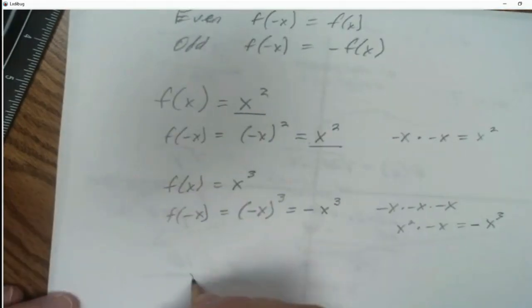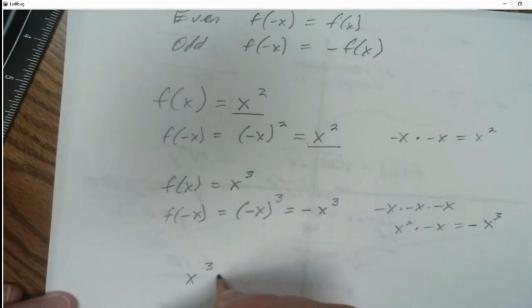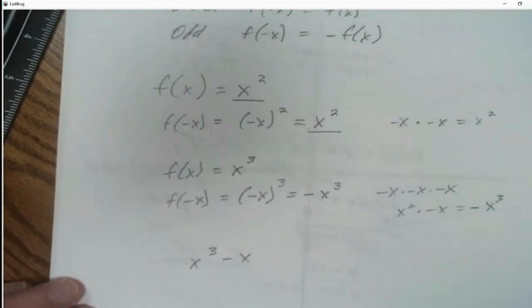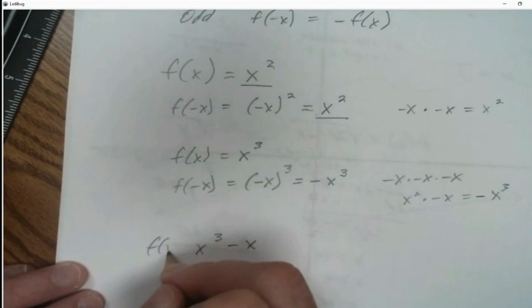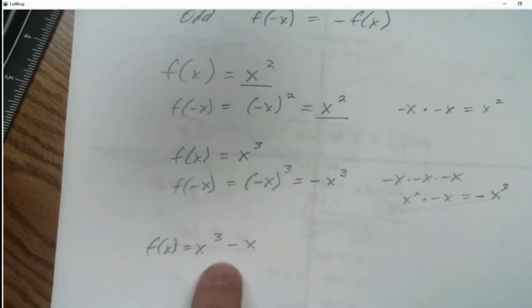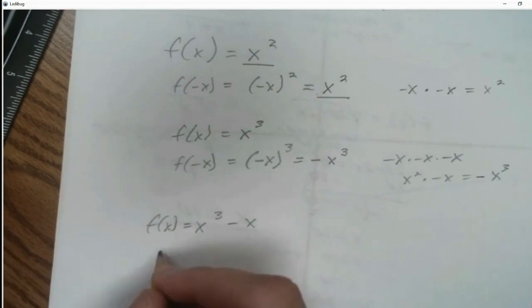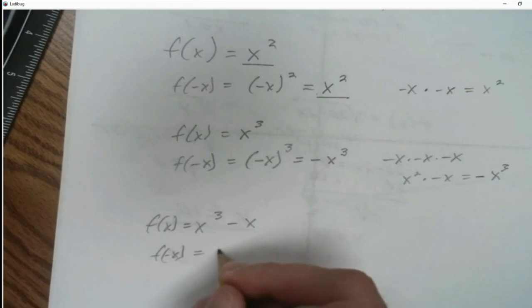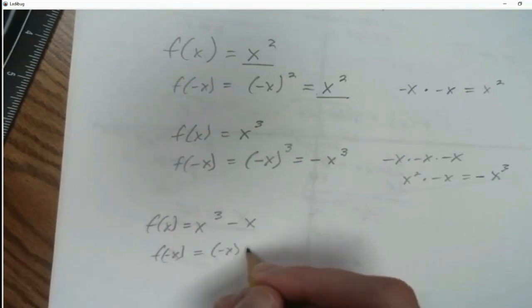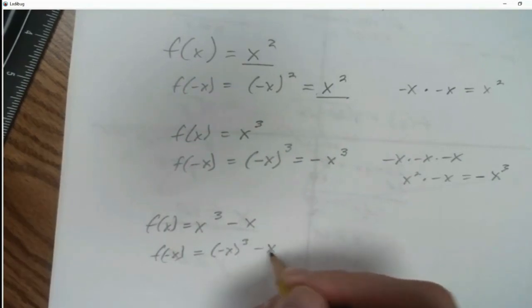If we had an equation such as this, this would be an odd function also, we believe. But let's test it. Let's substitute negative x. So it'd be negative x to the third minus x.